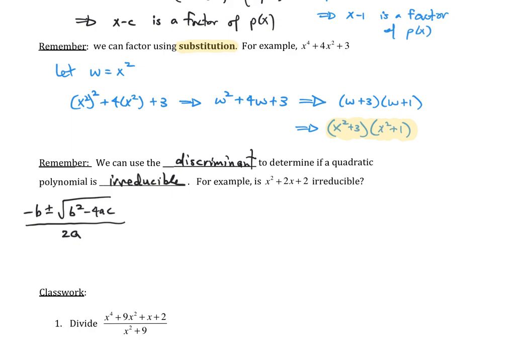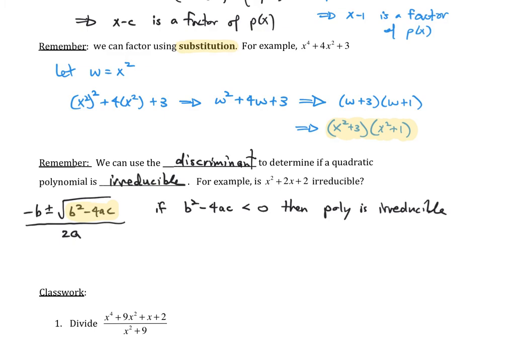This formula gives you the zeros of a quadratic polynomial, and the discriminant is just the inside piece right here, b squared minus 4ac. So we know that if the discriminant b squared minus 4ac is less than 0, then your polynomial is irreducible.